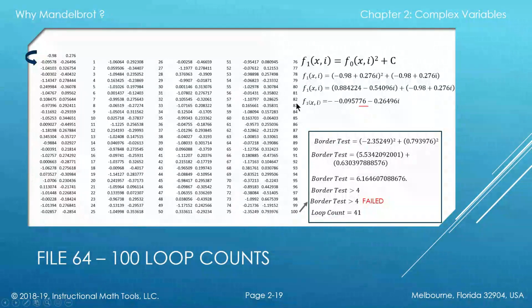These are all passing their border test, every one of these, until it gets down to this one. And here's the border test. You take this number and you square it, and this number and you square it, and you come out with 6. Well, 6 is greater than 4. Failed the test. Reports out as a 41, which confirms that it is a fractal.